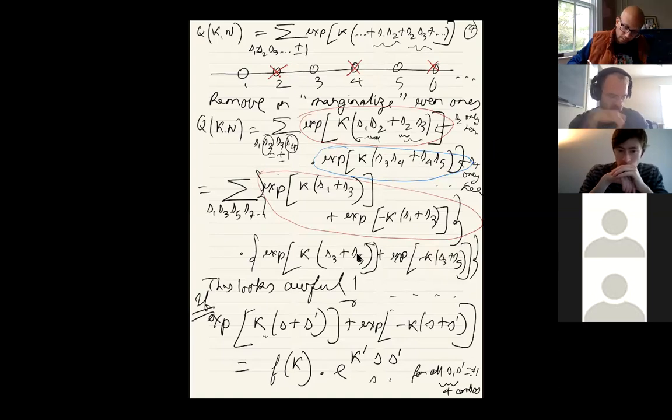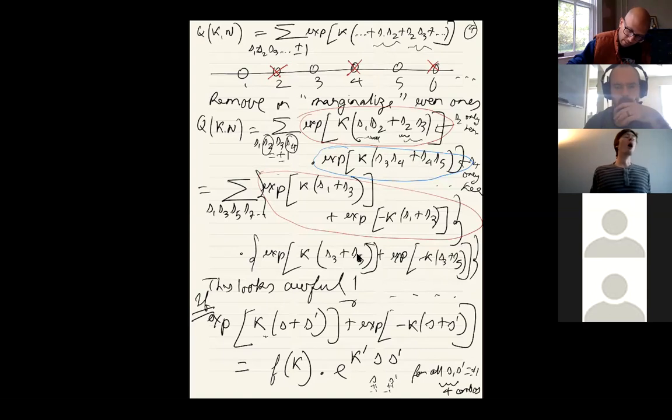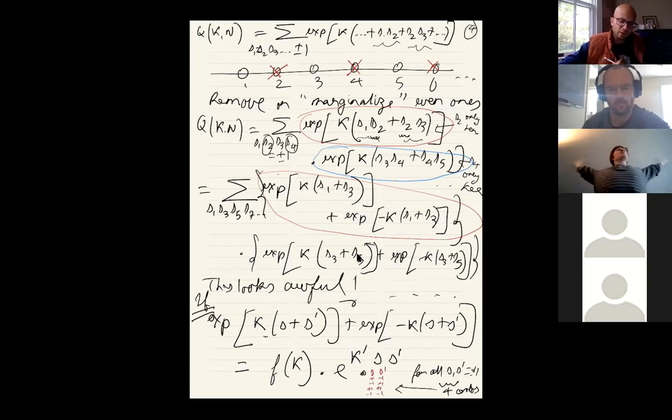So s and s prime could be plus 1, plus 1; plus 1, minus 1; minus 1, plus 1; minus 1, minus 1. So it has to be true for all 4 things. Then our life could be very simple.